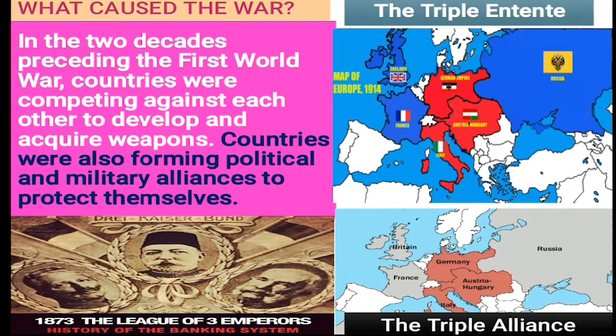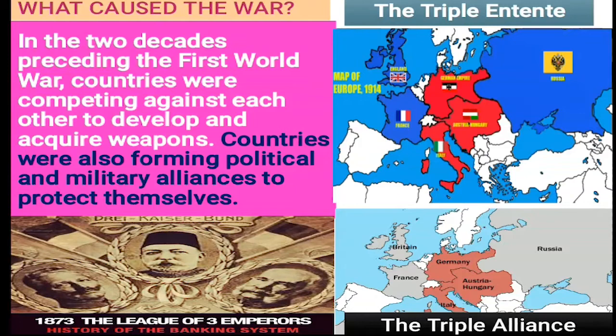Take for example, in 1873 there was the League of Three Emperors. This was an alliance between German, Russian, and Austro-Hungarian empires. Then in 1882 there was another alliance between Germany, Austria-Hungary, and Italy.